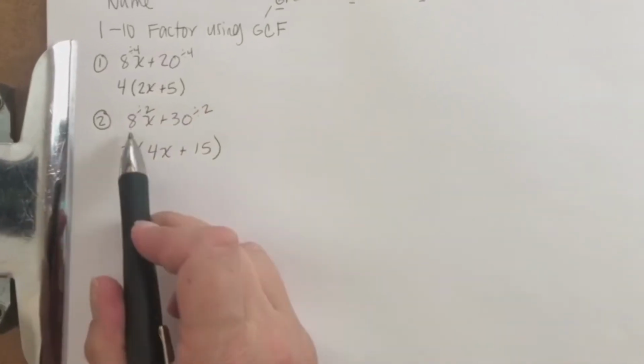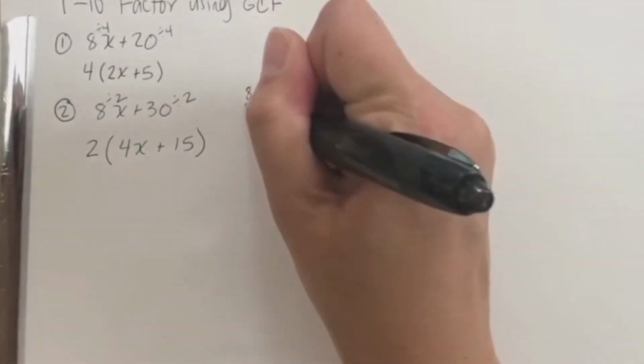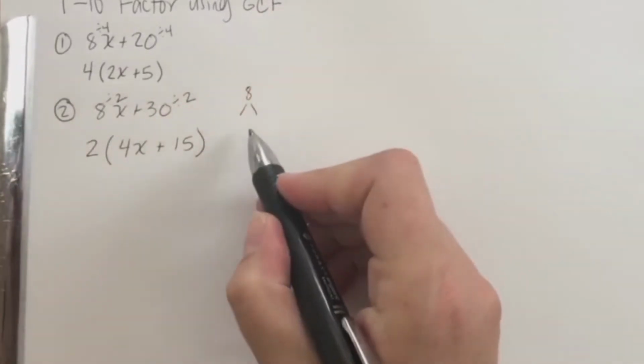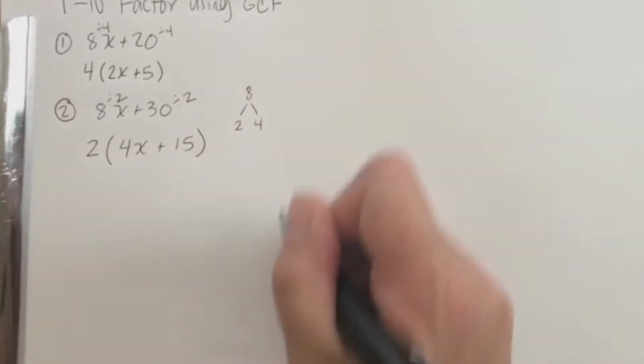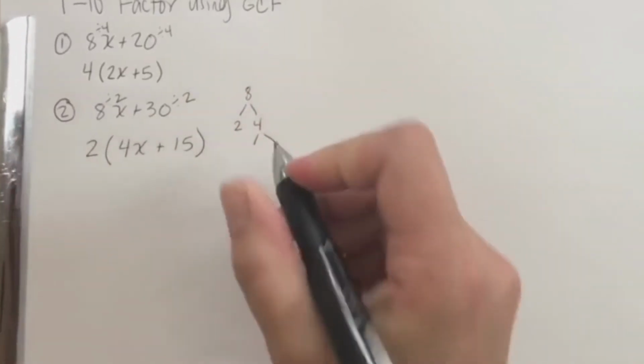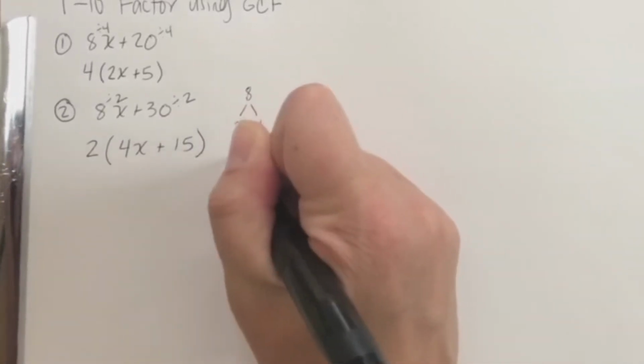If you're not sure about what the factors are, I like to make a factor tree like this. I do 8, and then I divide it into 2 numbers. So 2 times 4, and then I'll divide that other number out. So that'll be 2 times 2, and then I bring down the other 2.